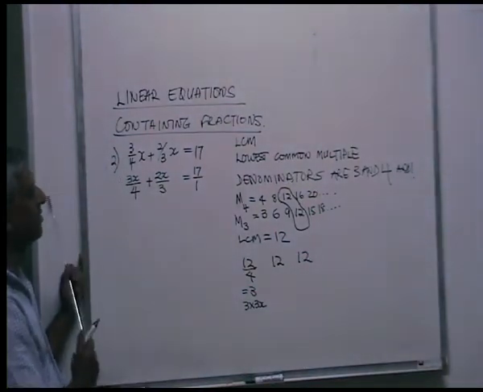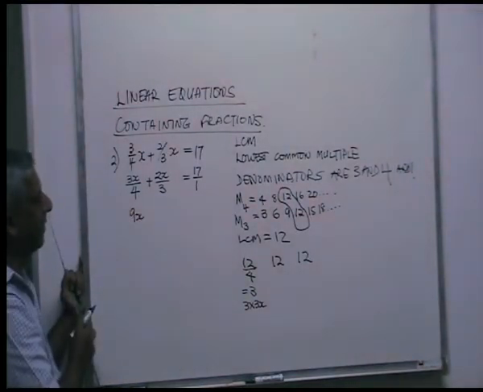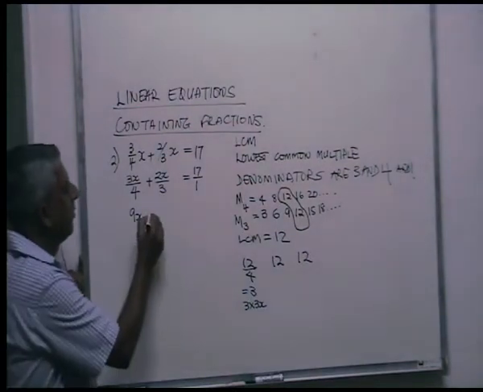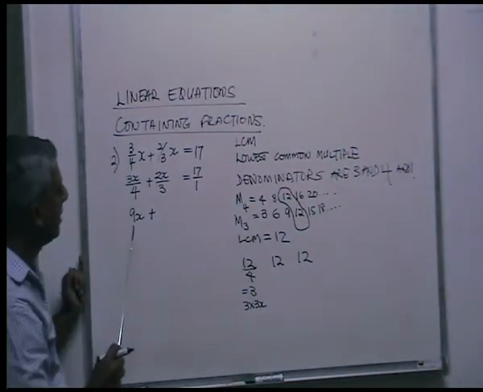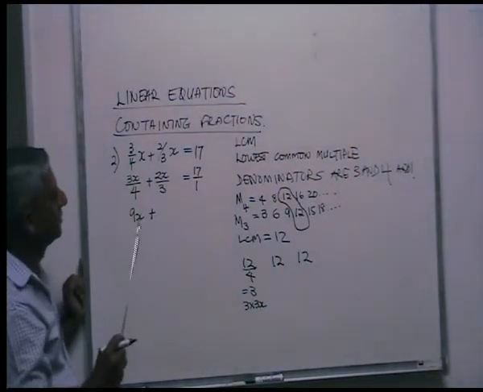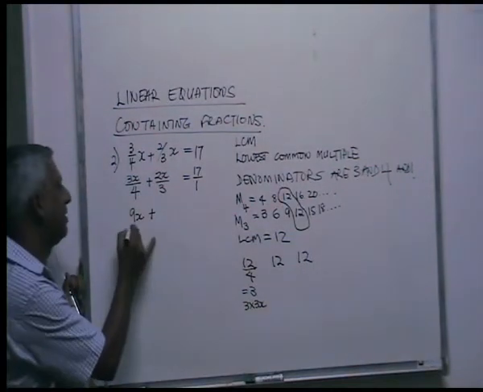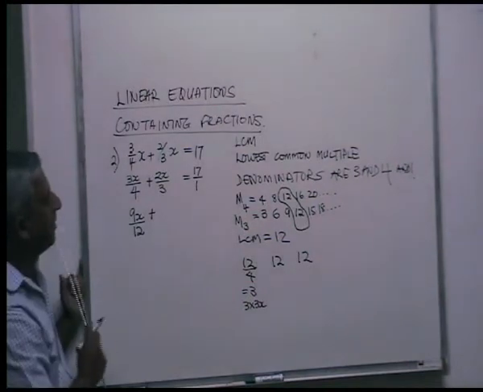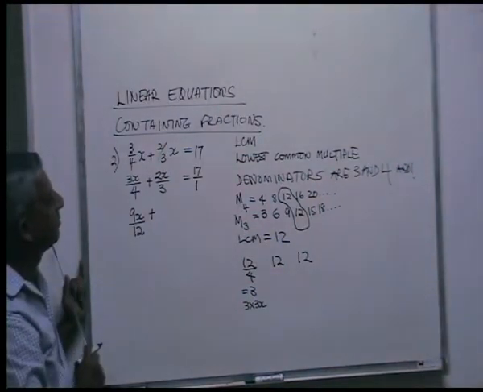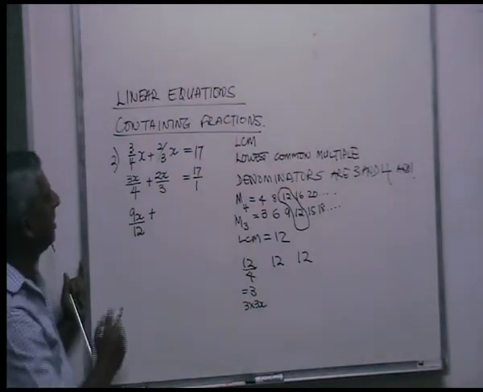So 3 times 3x gives you 9x. Plus. Now don't worry about the denominator anymore. Now the denominator has become 12, because it's the LCM.